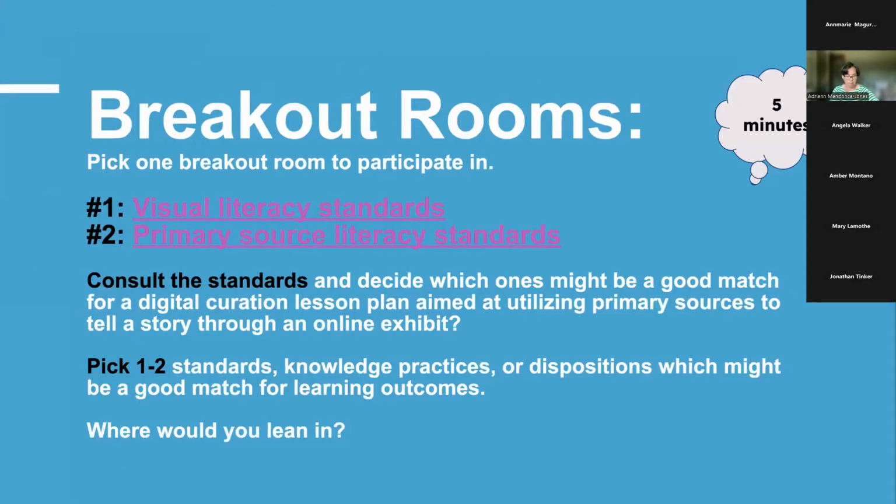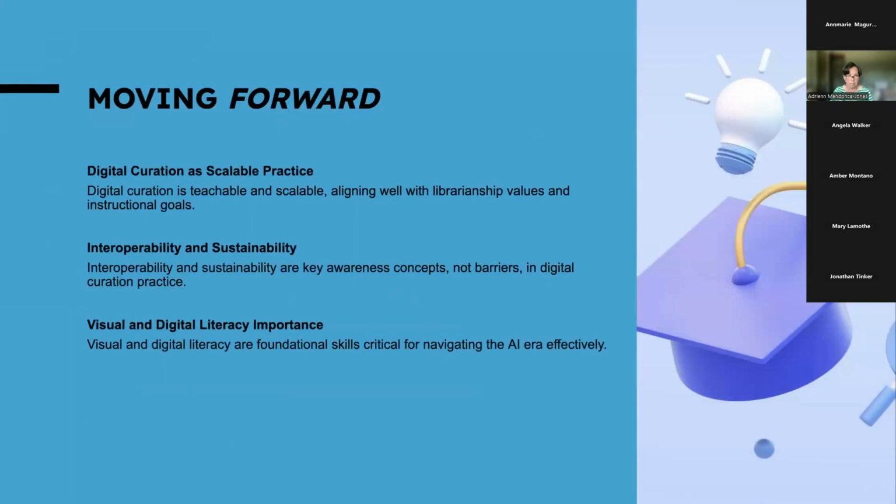We don't really have time for the breakout rooms, but thinking about how to apply these standards to your lesson plan and then utilize them in the assessment is where you might decide to lean in as you integrate this idea into your own classes. So moving forward, digital curation as a scalable practice is something that you can talk about here.